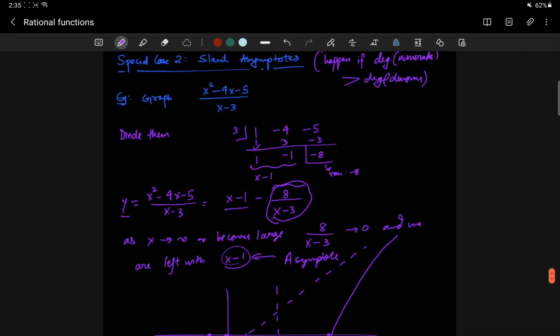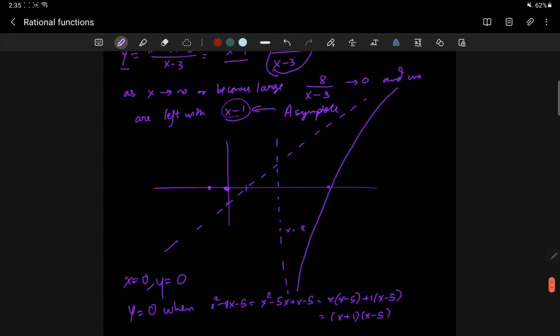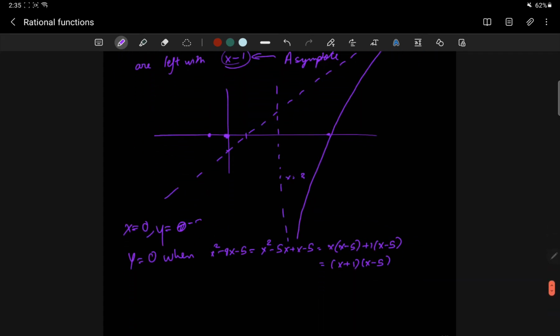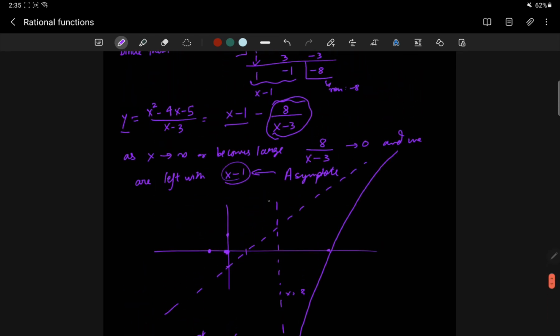When x is 0, this is actually 5/3, right? So this is not correct. This is negative 5/3, so it's over here. Yeah, that makes way more sense now, because that means it goes down from here, and it approaches this line. So it kind of does that, going up.